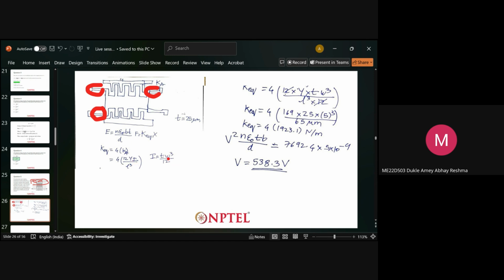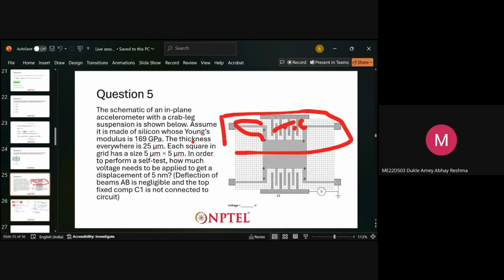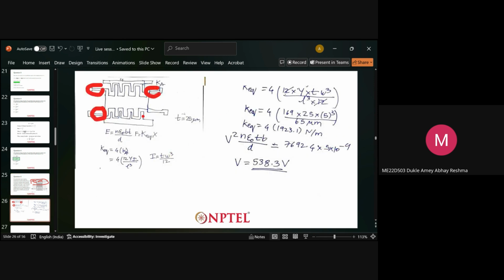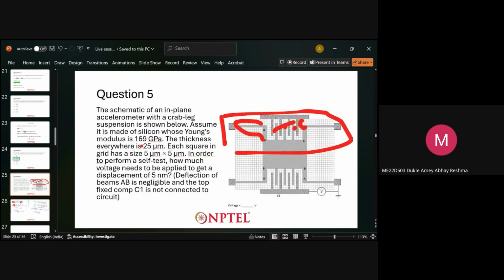So I is equal to TW cubed upon 12. So T is 25, that is the thickness given here. The thickness is 25 and each square is 5. Based on that, what major factor is the length.